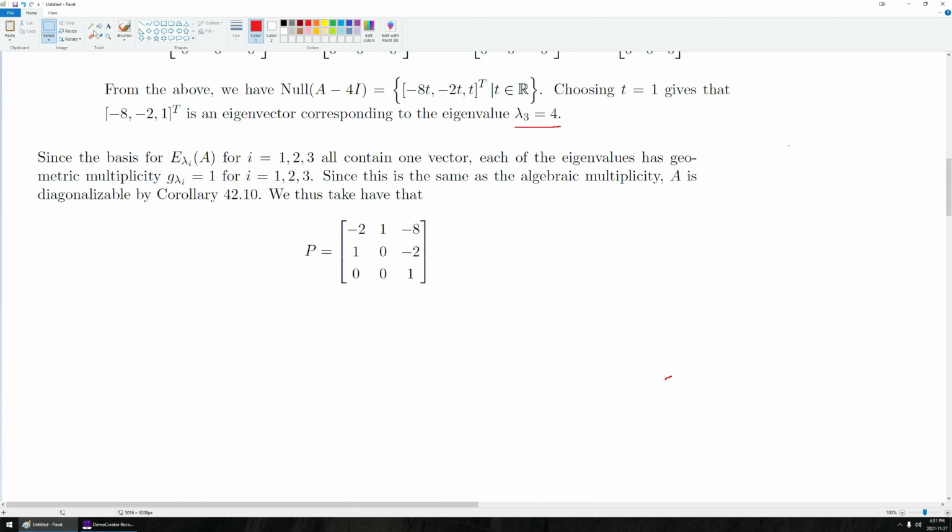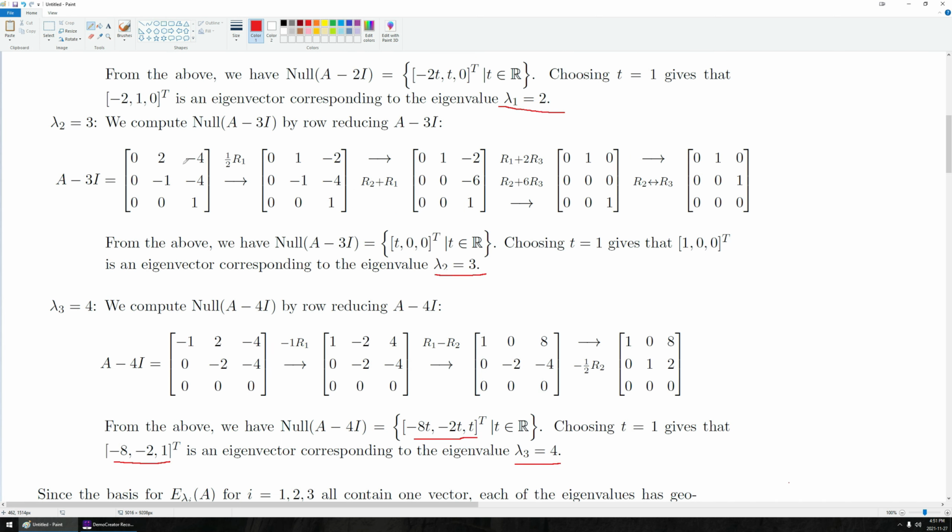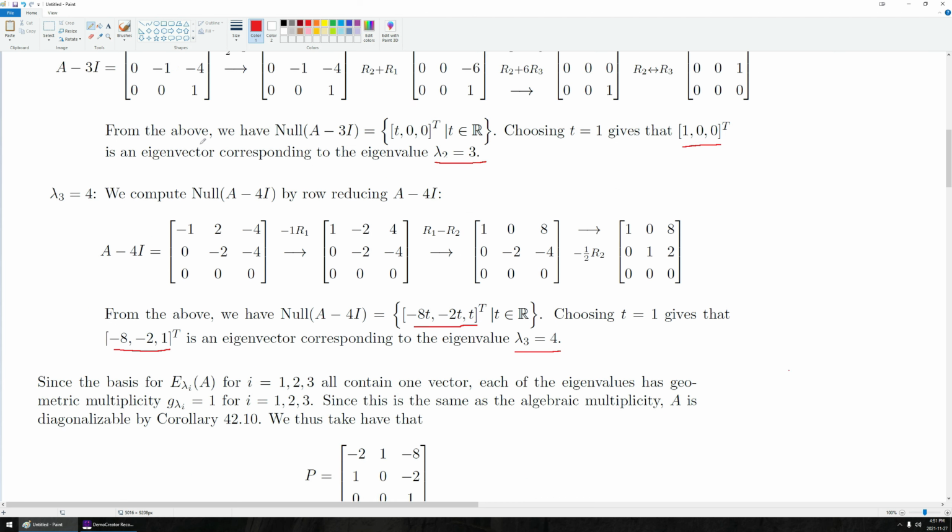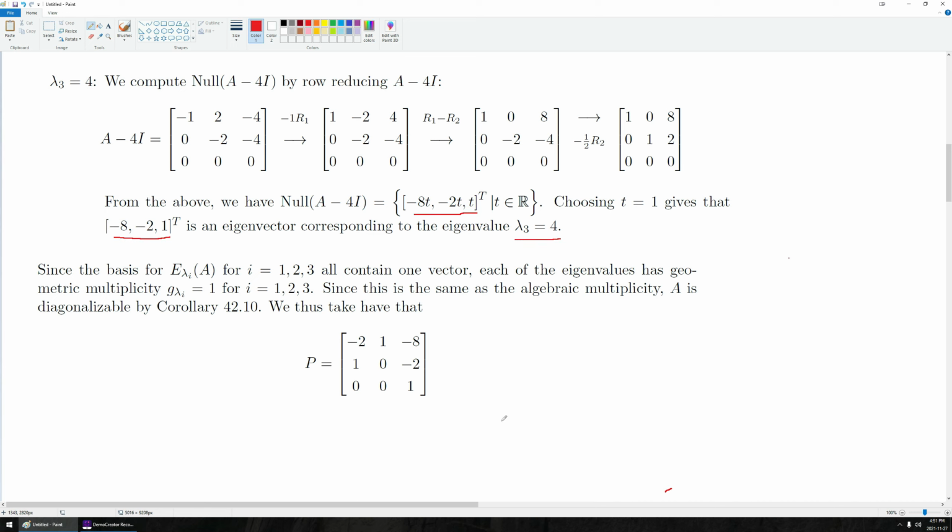A basis for each one of these null spaces is simply the vector that I picked here to be the eigenvector of them, right? This one, and this one respectively. Thus, the geometric multiplicity for each one of these eigenvalues is equal to 1. And this, of course, is the same thing as the algebraic multiplicity. Thus, I could apply corollary 42.10 as well as corollary 42.11 to show that this is diagonalizable.